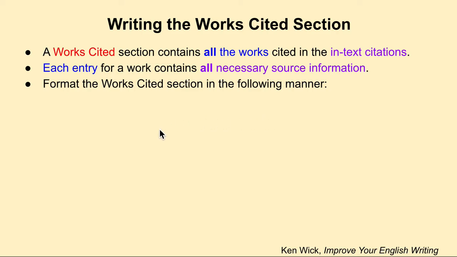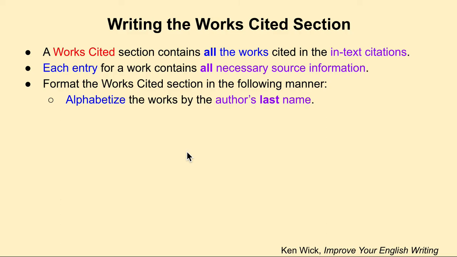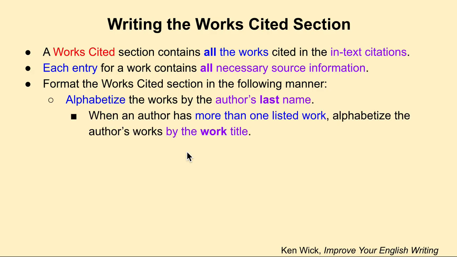You format the works cited section in the following manner. One, you alphabetize the works by the author's last name. When an author has more than one work listed, alphabetize the author's works by the work title. So if an author had three works in there, you would alphabetize those three works by the work title.